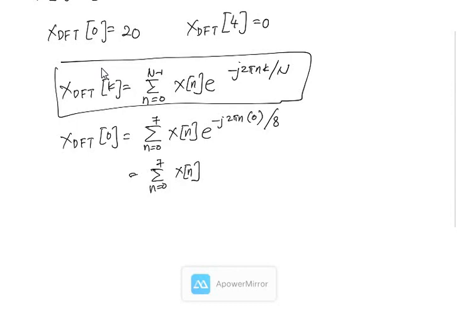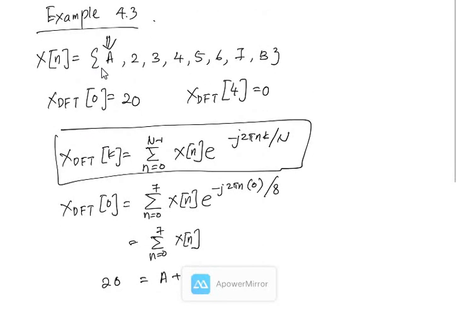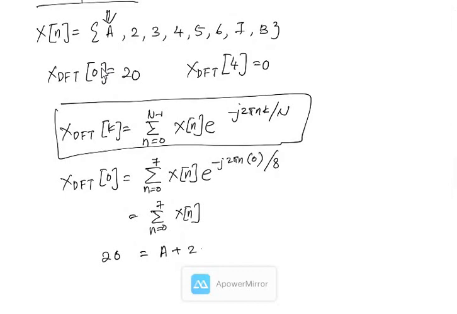In the question, X DFT 0 is 20, so 20 equals a plus 2 plus 3 plus 4 plus 5 plus 6 plus 7 plus b.